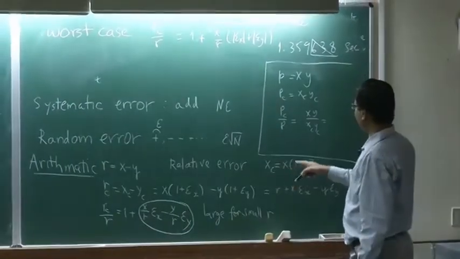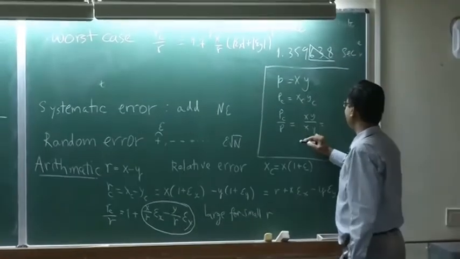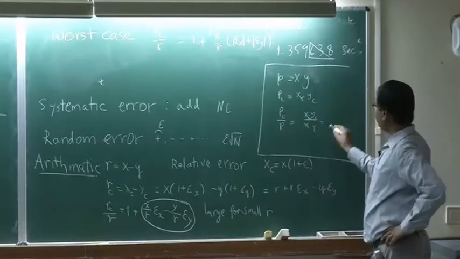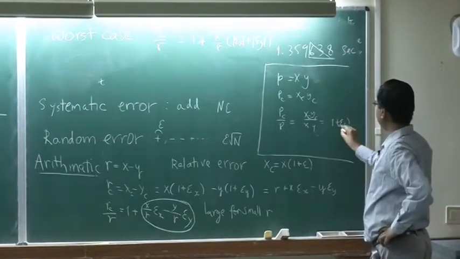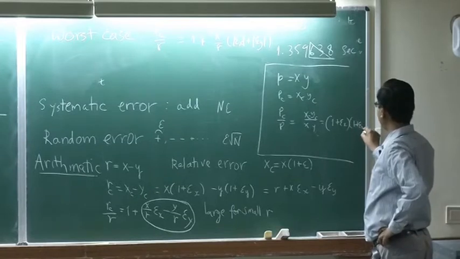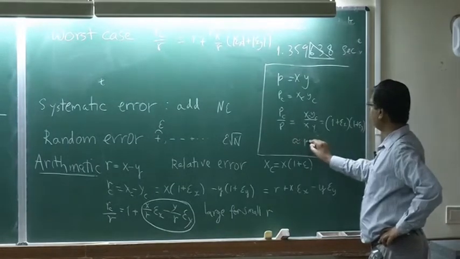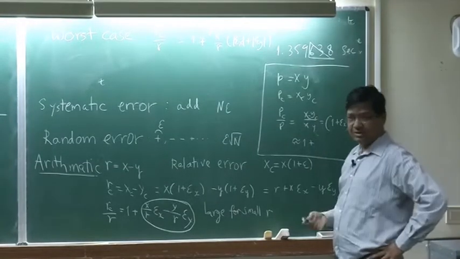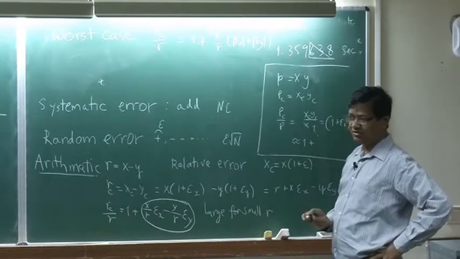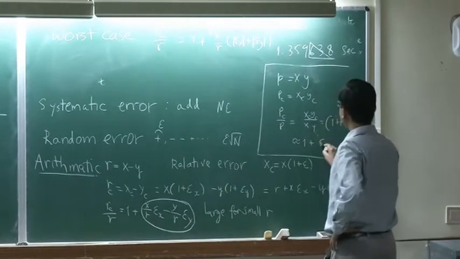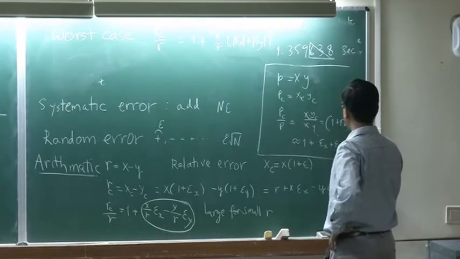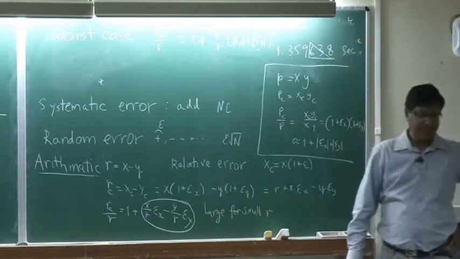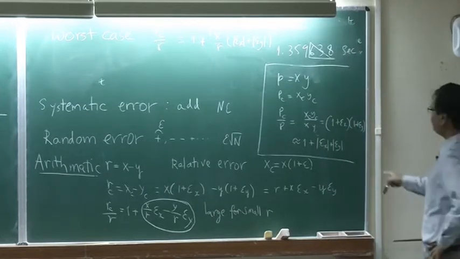So xy will cancel and I get 1 plus epsilon x, 1 plus epsilon y. So this is approximately 1 plus epsilon x plus epsilon y; the product of epsilons can be ignored at leading order. Epsilons are supposed to be small, it is a relative error. So epsilon x plus epsilon y, and you can put a mod just to be safe. Okay. So my error is the sum of the errors.